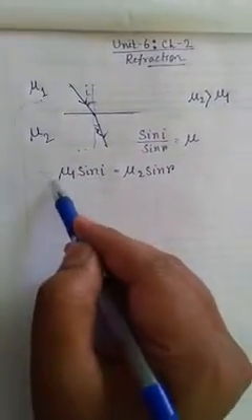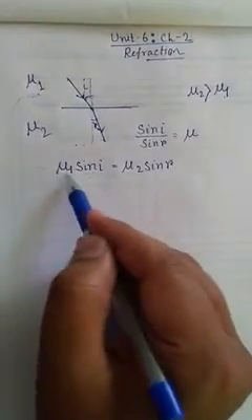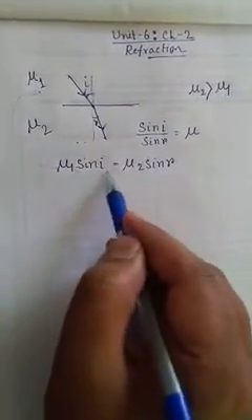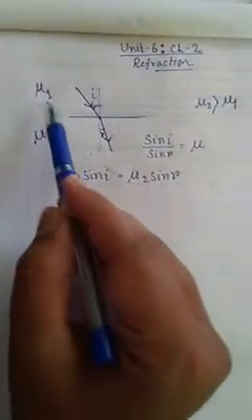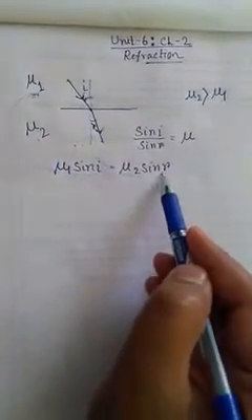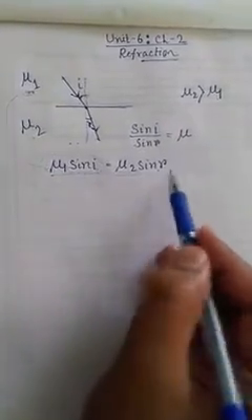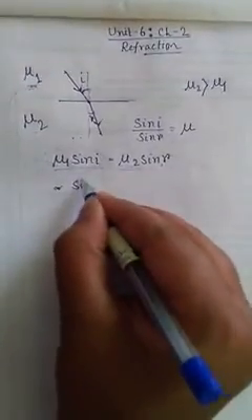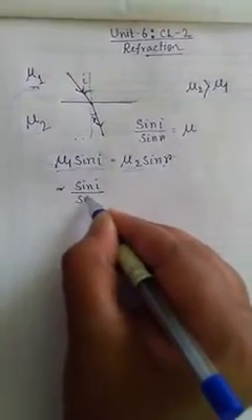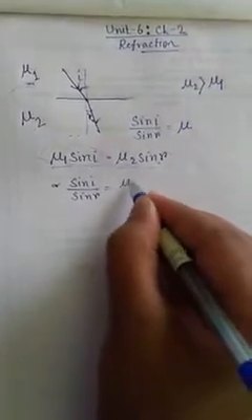So the total matter of the first medium is together and the total matter of the second medium is together. মানে দেখ, যখন প্রথমটার প্রতিসরাঙ্ক নিচ্ছি তখন প্রথমটারই কোণ নিচ্ছি, যখন দ্বিতীয়টার প্রতিসরাঙ্ক নিচ্ছি তখন দ্বিতীয়টারই কোণ নিচ্ছি. Okay, so this way we can remember it very easily. This is a way. Now when you write sin i by sin r, then you will find this is mu2 by mu1.